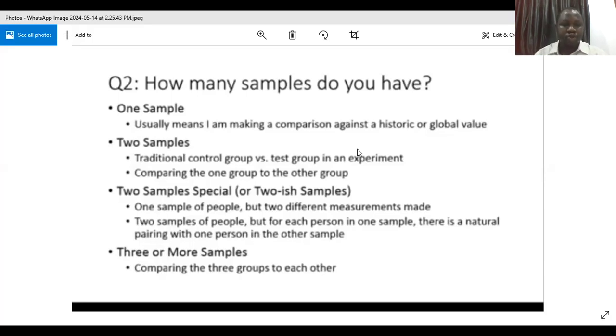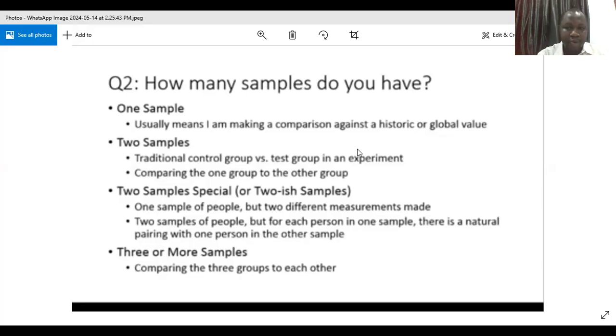Now, two samples. I have two samples. The traditional example is a control group versus a test group in an experiment. One sample is the normal control group, then the test group. We are comparing one group against the other.